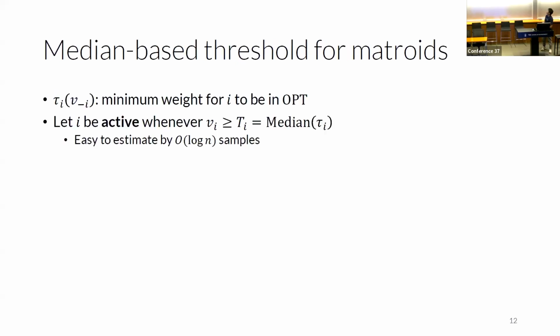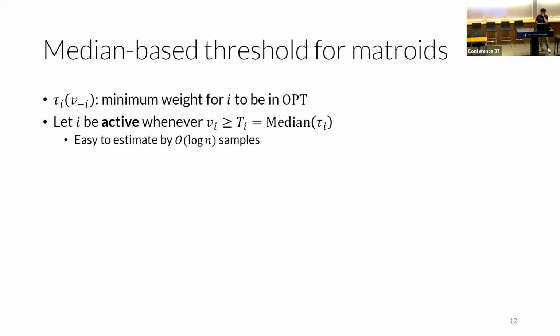So here is a more specific description. In Matroid, we will want to first define some value called tau I, which is the minimum weight for element I to be in OPT. This is a well-defined quantity, which also only depends on the other values.